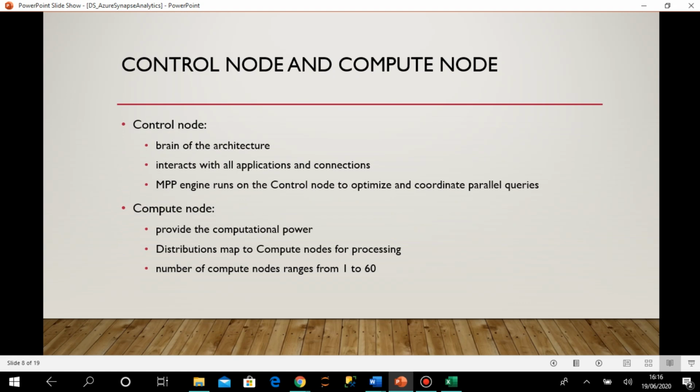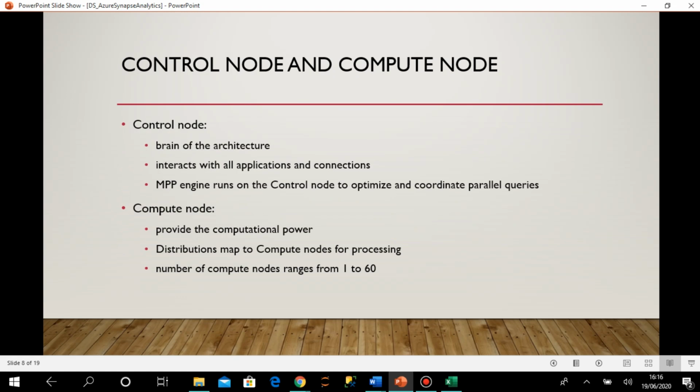Okay, now we have a few more points. I am summarizing that. The control node is the brain of the architecture. You can understand that it is starting the work, and it is sharing the work with multiple compute nodes, and once done it takes it back and gives it to the application. So that's why it's the brain.